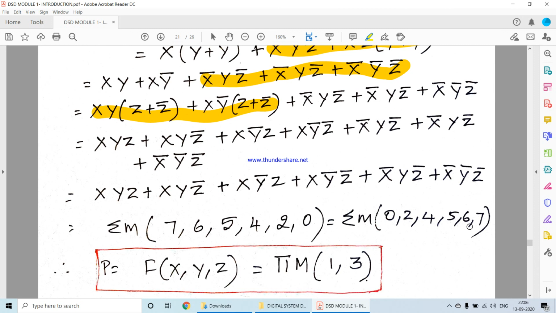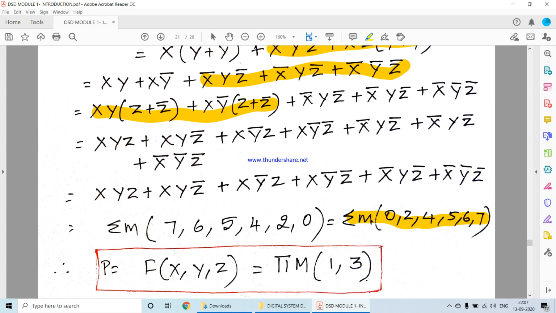Now, this is the min term. After getting the min term, you can also get the max term there itself. Instead of doing what we did in the previous problem to get the max term, you can easily get the max term by getting the min term first and then putting it into the max term form. Whichever entries are not present inside the min term bracket will be considered for the max term.